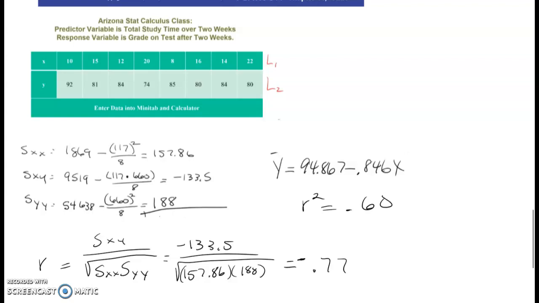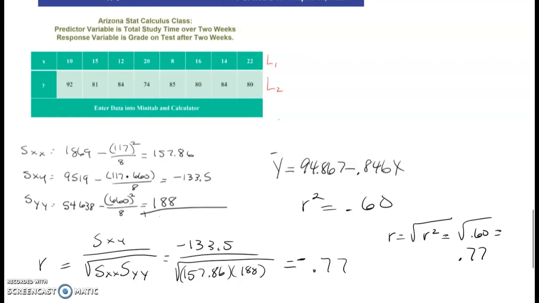Please take that off. I can find R by taking the square root of R squared, which is the square root of 0.60. You can just check it real quick in your calculator. If you take the square root of 0.6, you will get the same value, except you are not going to get the negative.